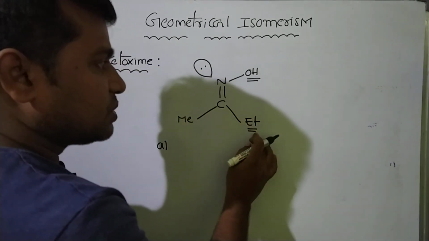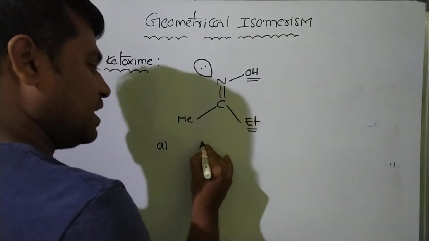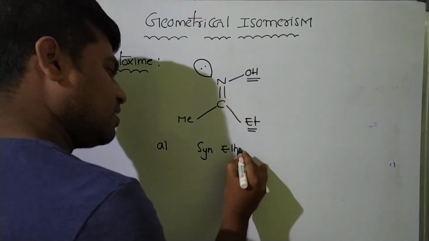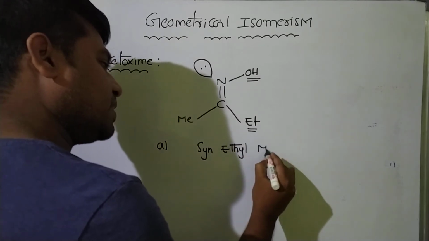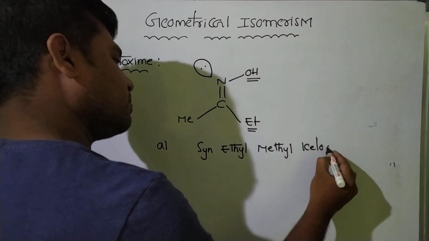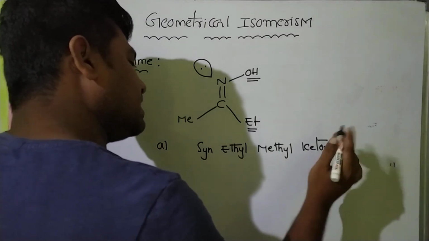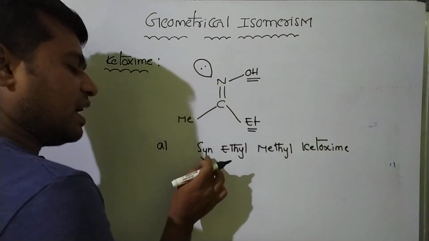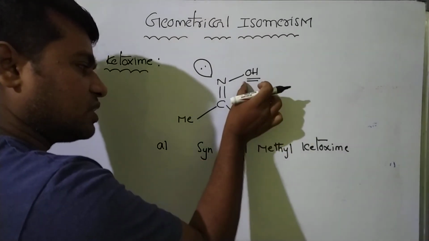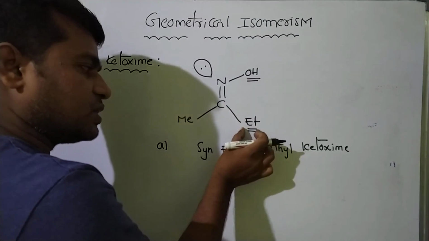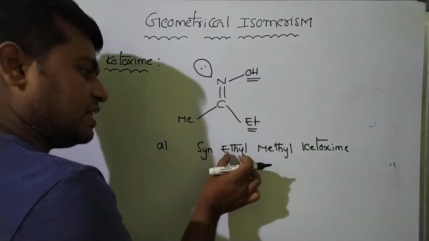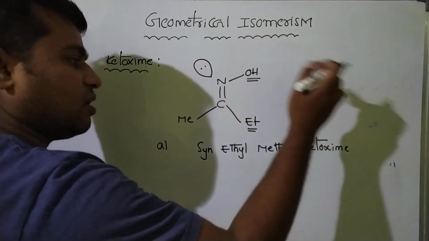So the name is syn ethyl methyl ketoxime. Very easy concept. Why did I write syn here? Because the ethyl group and hydroxyl group are on the same side. So I start the name with syn ethyl and then methyl ketoxime.